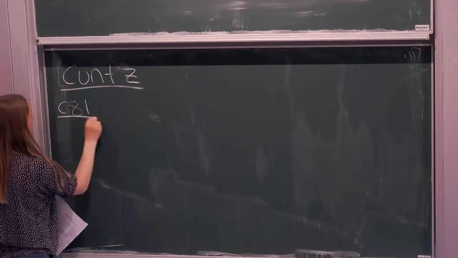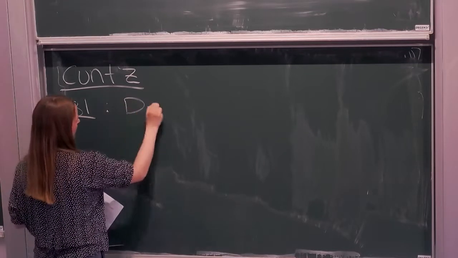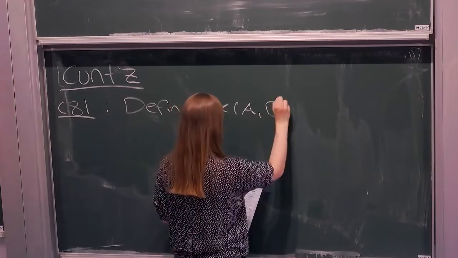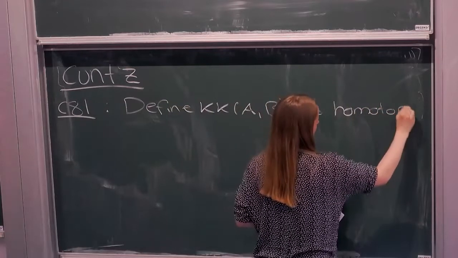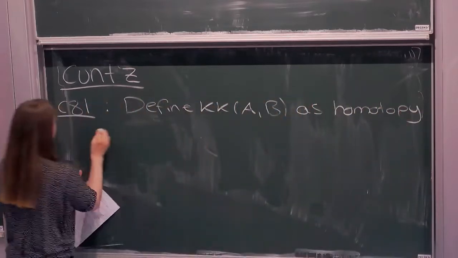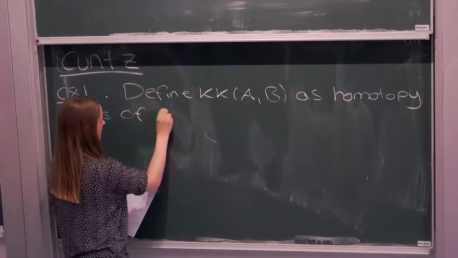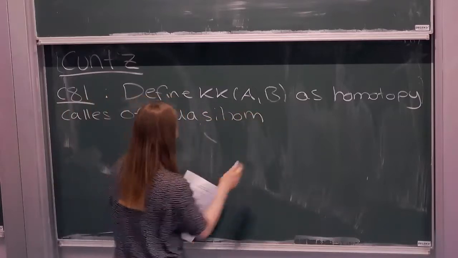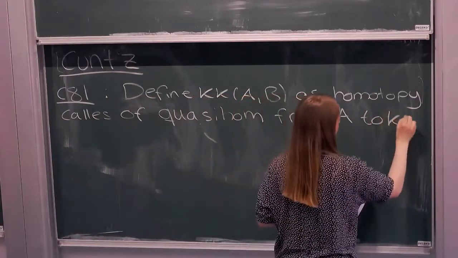In the first one he defined KK of A, B as homotopy classes of these quasi-homomorphisms from A to K tensor B.